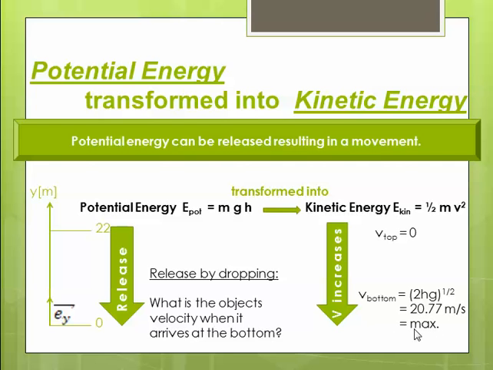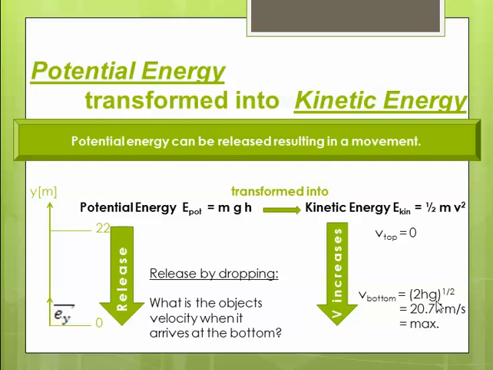Now for this particular example here, the velocity at the bottom is given by the square root of 2 times h times g. Now that was your task, to calculate it. Because you knew the height of the body, you can also calculate the velocity at the bottom.